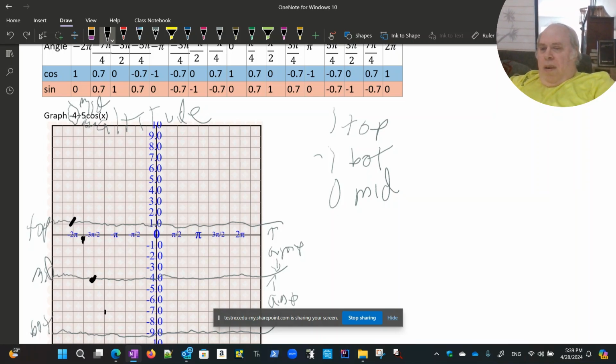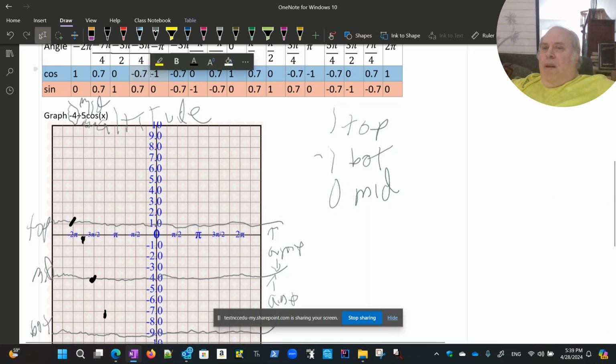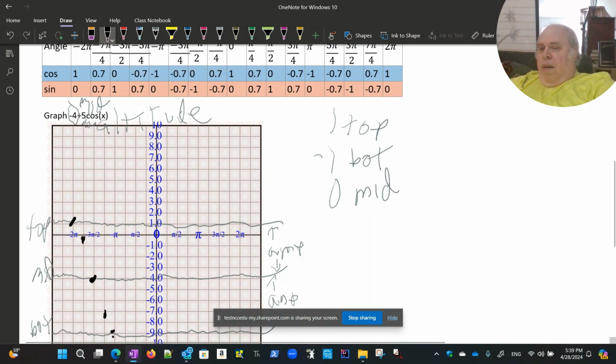Oops, that's not where I want to go. It's right here. Then at minus 1, so I'm following this curve to minus 1, and that minus 1 is the bottom. Then I go back to minus 0.7 and back to 0, and back to 0.7 at negative pi over 4, which is right here, and back up to the top.